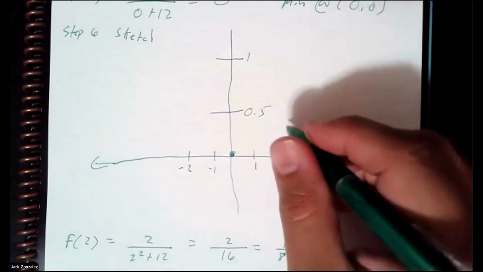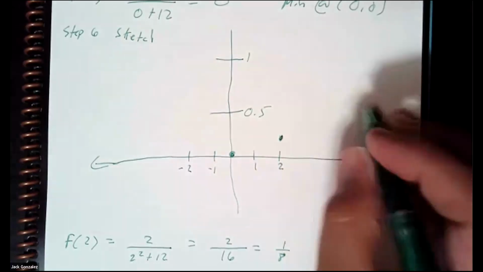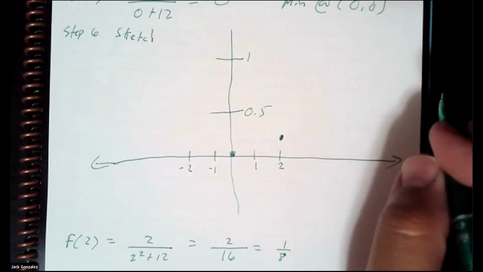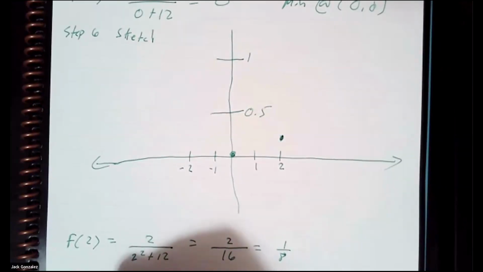So 1/8 is about what? About there somewhere. I don't know. F of 2, negative 2.